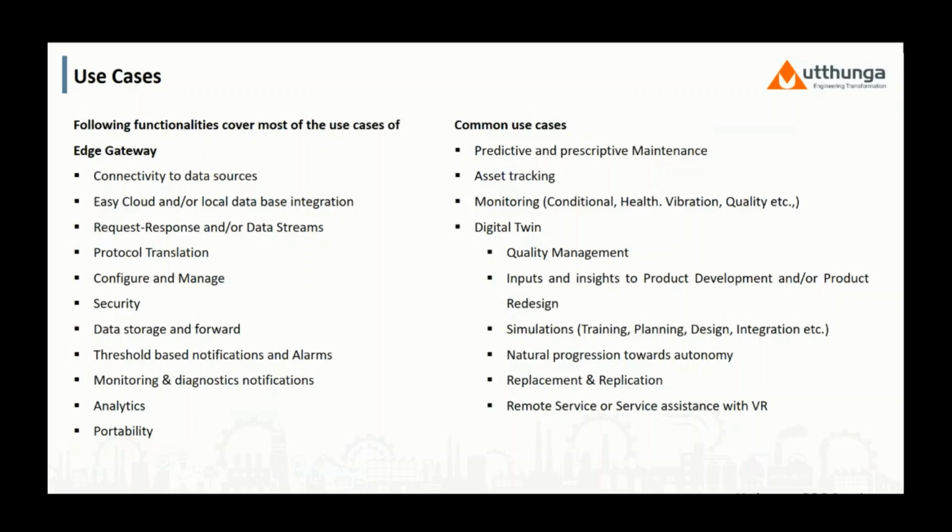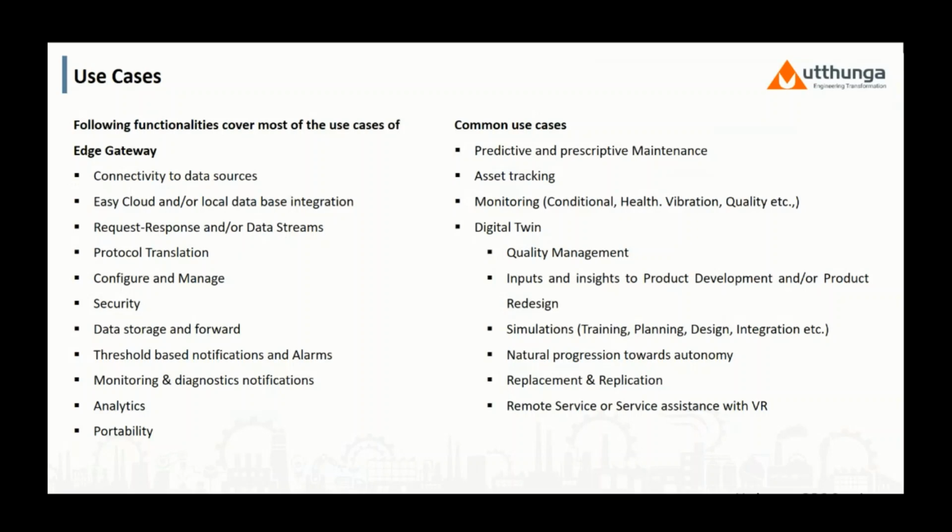Predictive and prescriptive maintenance, where you can predict if a specific device needs servicing at a specific point of time or not. Prescriptive is where you can derive specific instructions for the service to happen, based on different types of learning algorithms and the data that has been collected over a period of time.